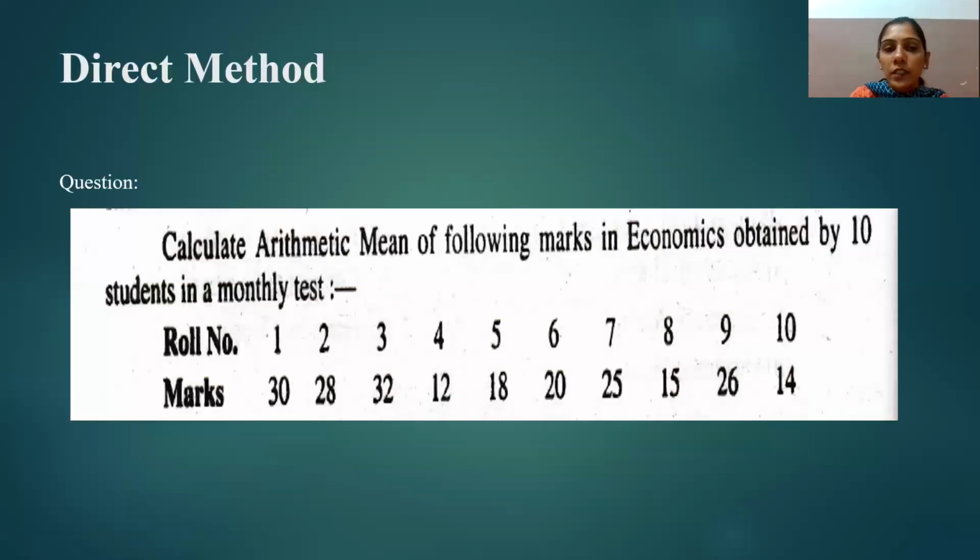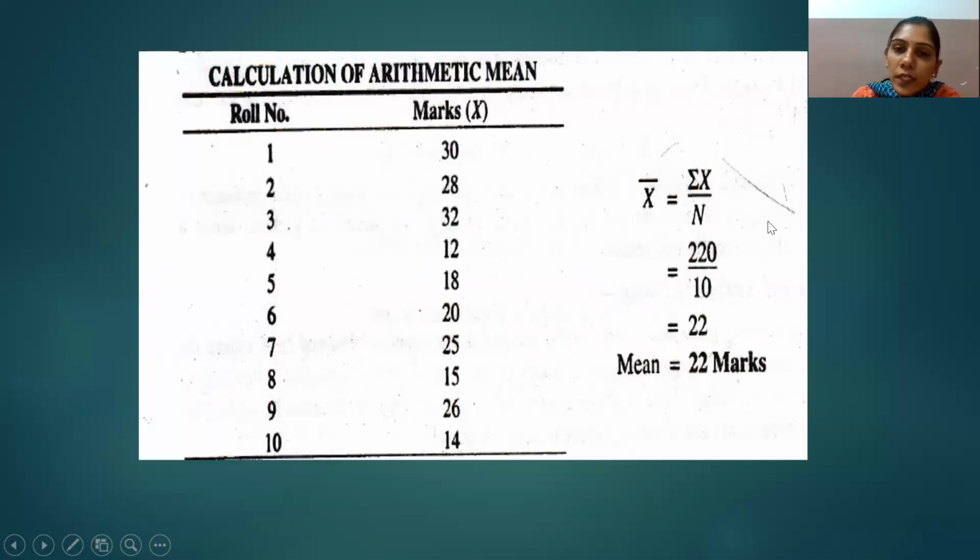Basically, we are calculating the mean of the marks obtained by 10 students in a monthly test. The average marks got by these 10 students are 22 marks. This is how we calculate arithmetic mean under the direct method.